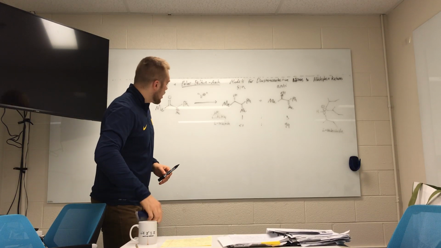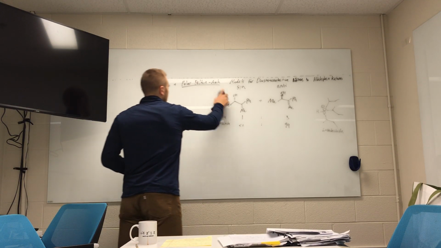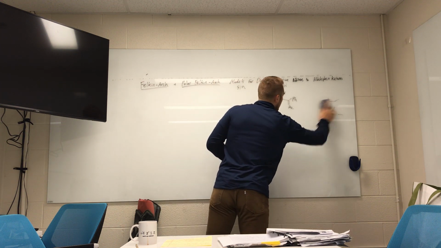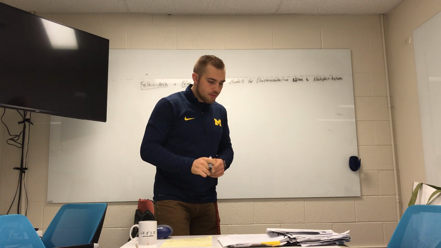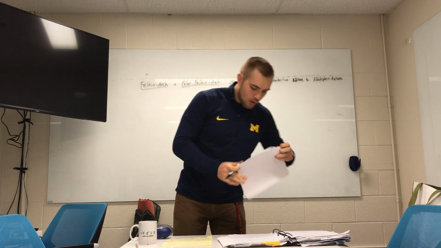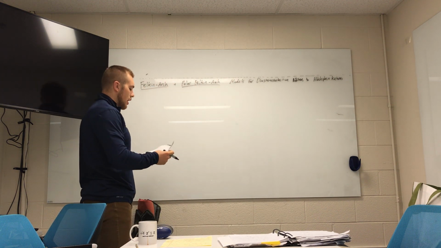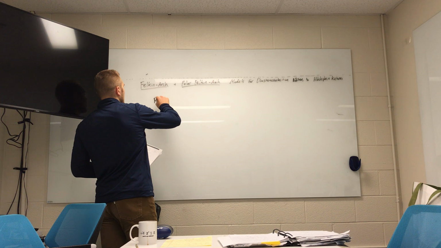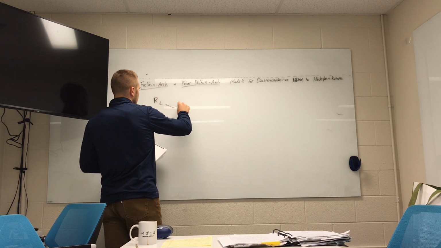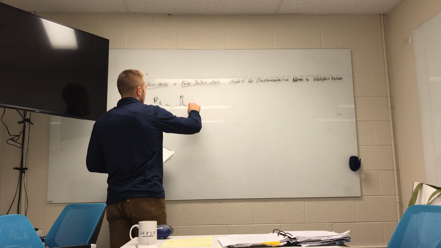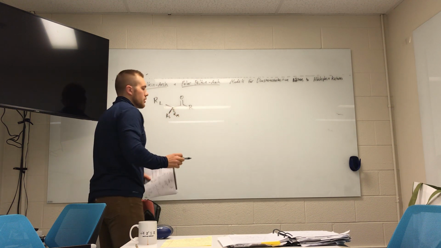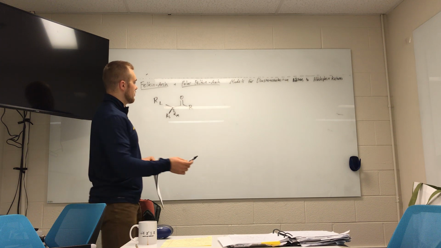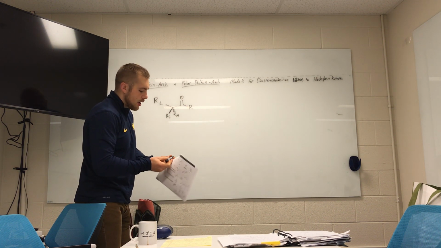So let's start that. In the Felkin-Anh model, we're going to consider, just at first, a generic ketone or aldehyde. So this is our generic ketone, or if R here is a hydrogen, we have an aldehyde.